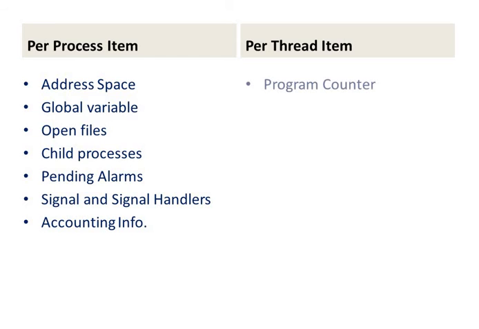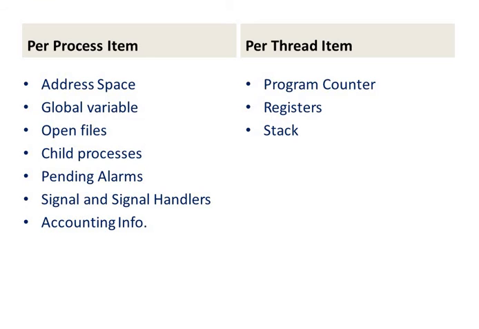But when we talk about a thread, it only counts the program counter, registers, and stack. That means each individual thread has its own program counter, registers and stack. If one process has 3 threads, then you can see that the process has its address space, global variables, open files, and child processes.